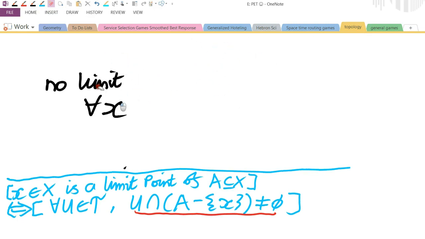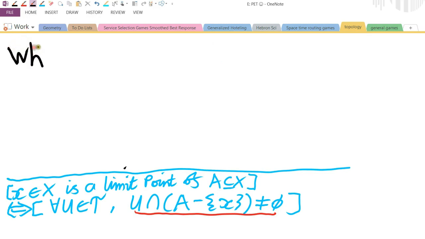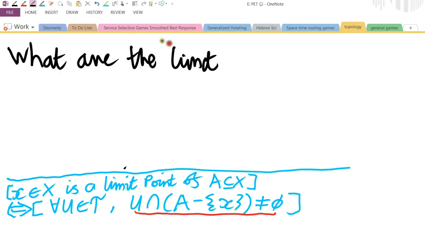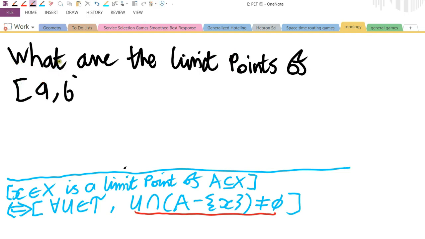Here's another problem that you might want to think about. What are the limit points of this half open set [A, B) in the Euclidean topology?